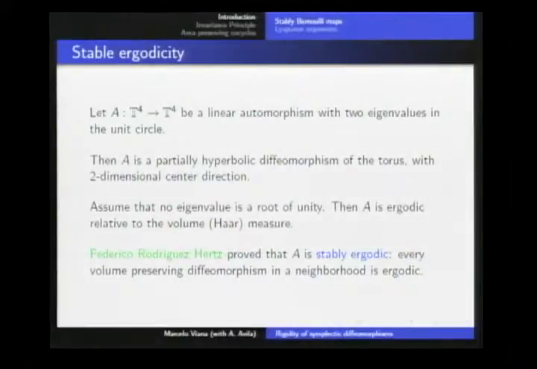Now, Federico Rodriguez Hertz proved a much deeper fact, which is that this map is stably ergodic. This is a linear map, and it's not difficult to prove that it's ergodic, but what Federico showed is that if you take any volume-preserving diffeomorphism in a neighborhood of this linear automorphism, then this perturbation is still ergodic with respect to volume.